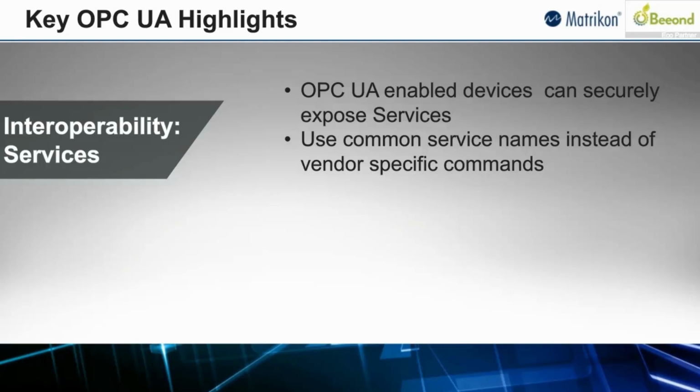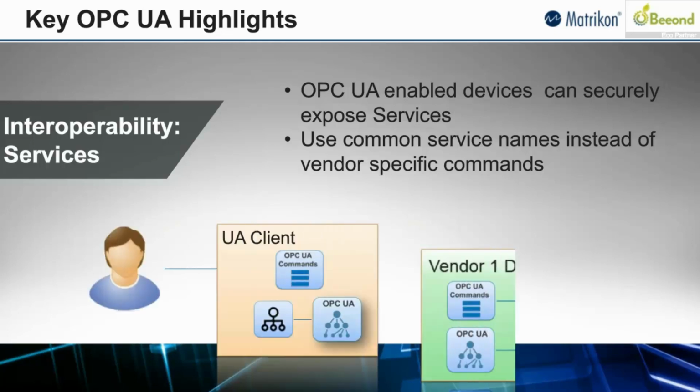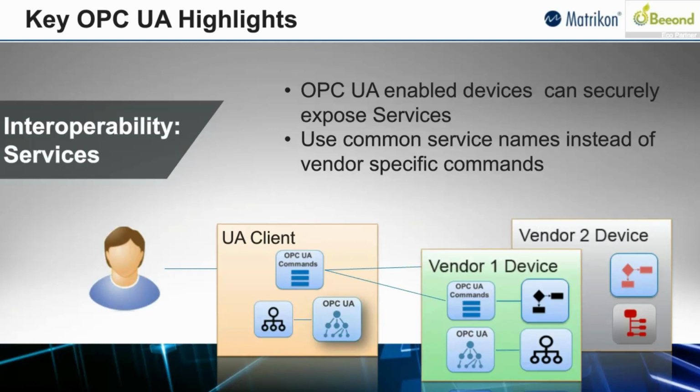The way to do that is to take advantage of the services that device offers without having to know how they are explicitly coded, or a specific language to talk to them via a particular API that a particular vendor uses. So in this diagram, I'm showing a client that's capable of working with OPC UA commands, which are how you work with the services that the devices might expose.